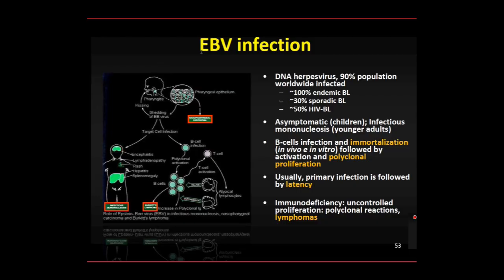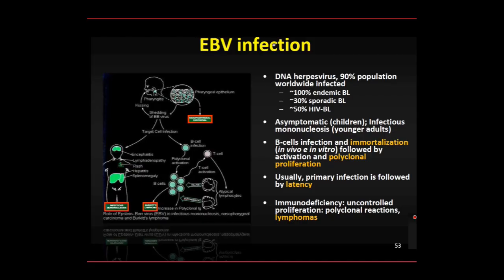However, we know something for sure. First, it is expressed in virtually 100% of endemic Burkitt lymphomas, 30% of sporadic, 50% of HIV-BL. This does not refer to positive serology to EBV in the patient, it is just inside the tumor.